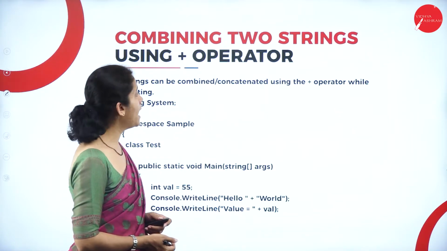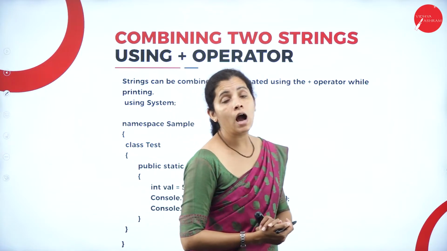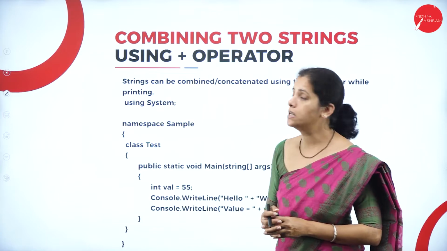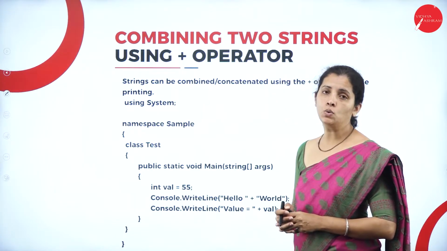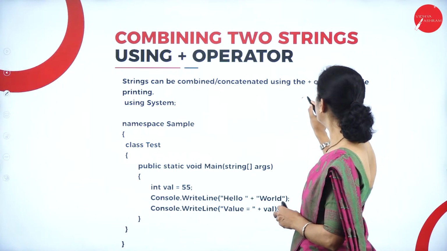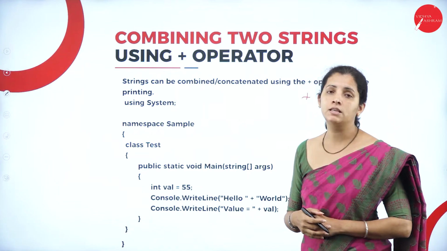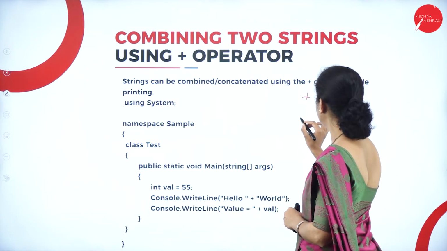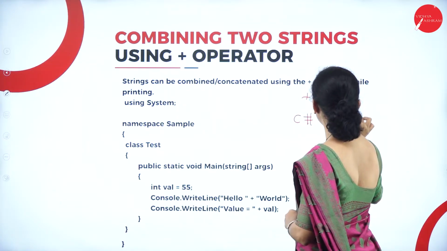Now I'm going to have another program, that is how to combine or how to club two strings. So to club or to combine two strings, I'm going to use the plus operator. Club in the sense what? That is string concatenation. For example, say I have "C#" and "is cool".